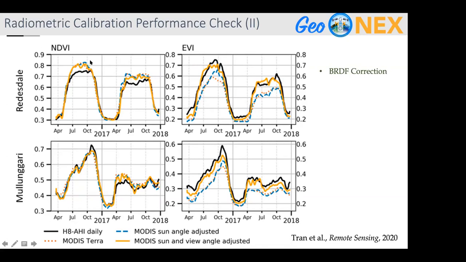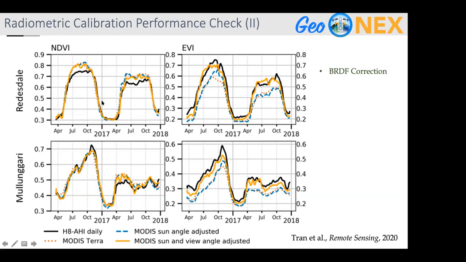If you compare these, the black line shows HI daily without BRDF correction, and the orange line shows the corresponding data with BRDF correction. You see the BRDF correction improves the comparison, especially for EVI.